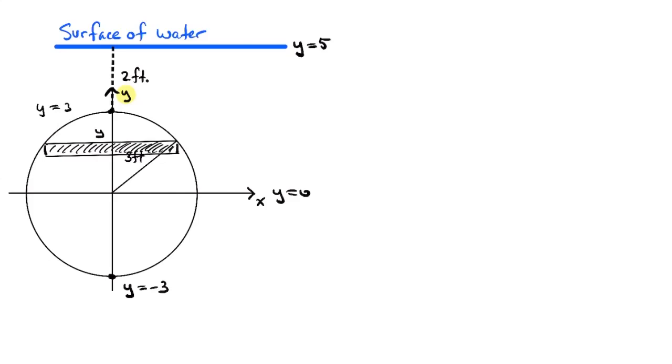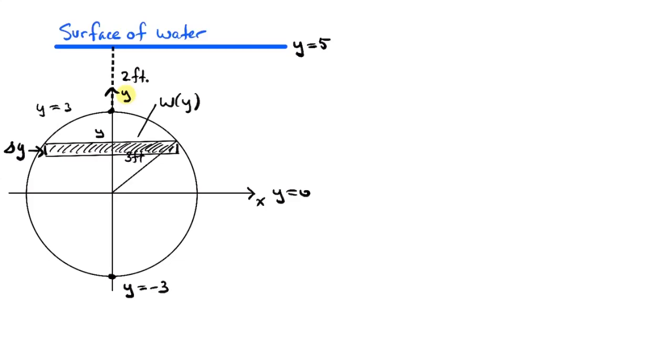That depth is not Y; we'll think about that in a second. In particular, the thickness of that rectangle I'm calling delta Y. We're going to need to know how wide it is. It also has a width that depends on Y. Just like the last problem, when the shape isn't a rectangle, the width varies with respect to the variable that we're going to integrate.